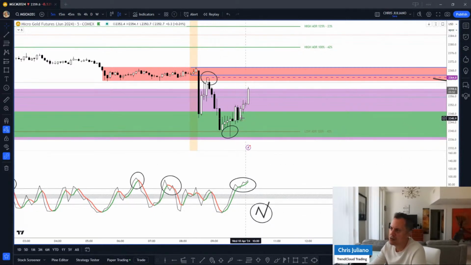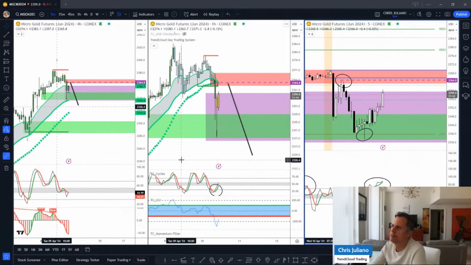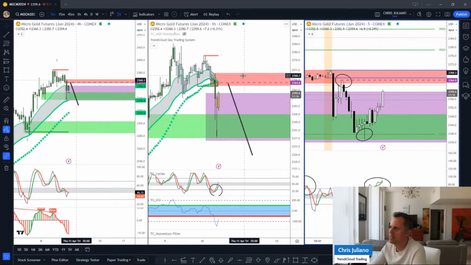Are the buyers back in control here? This is a level of resistance. This is a level of imbalance. The supply zone, level of imbalance. This area here where the trend cloud is, that's a level of resistance.